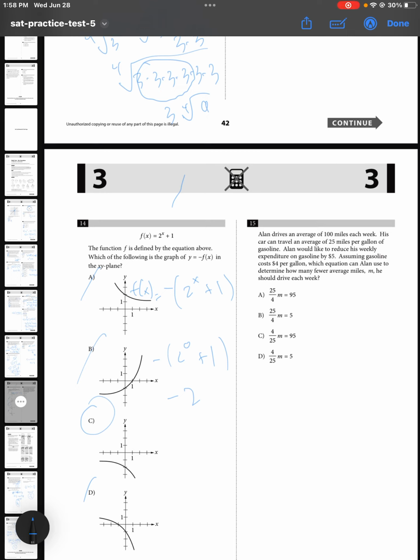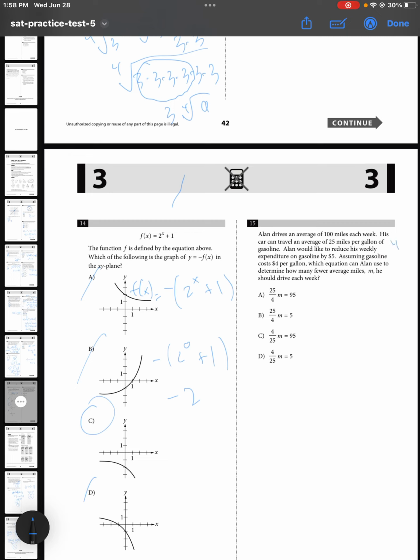Alan drives an average of 100 miles per week. His car can travel an average of 5 miles per gallon of gasoline. So usually, okay, so he would need 4 gallons each week, right?